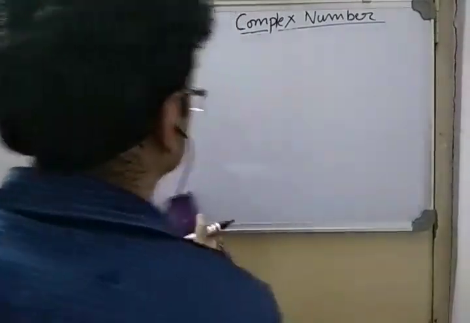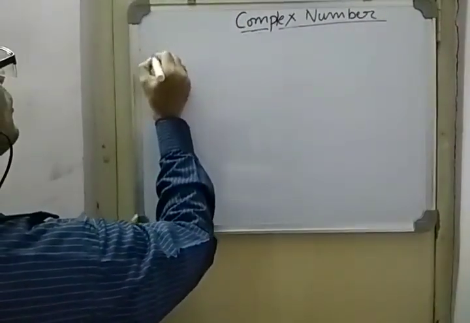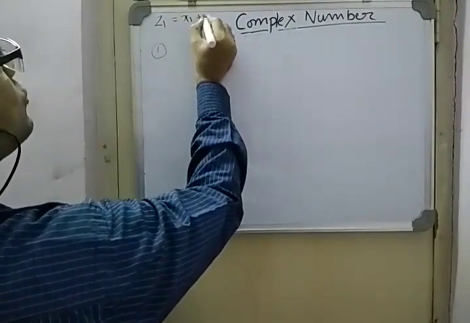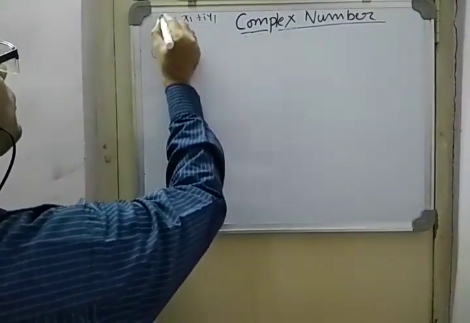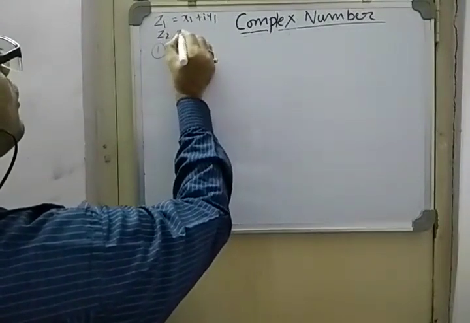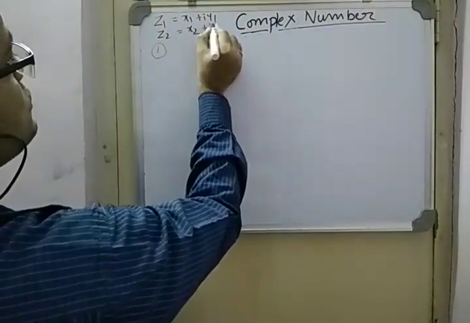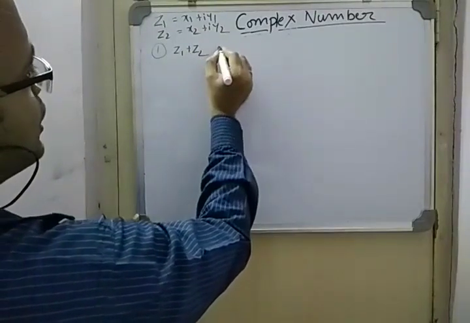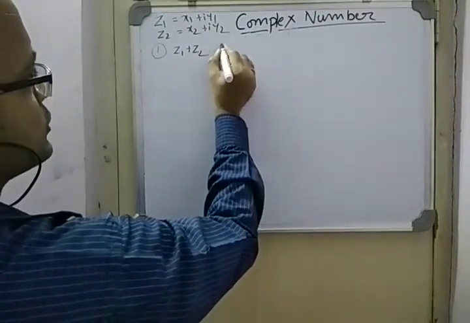Suppose Z1 is a complex number, x1 plus i y1, and Z2 is also a complex number. So Z1 plus Z2 is complex.